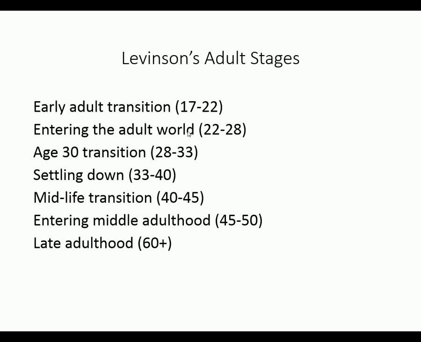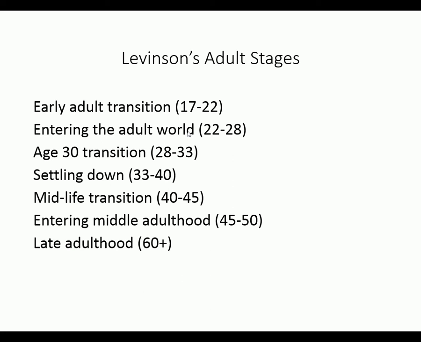And they're going to begin to try on adult roles and assume adult identities. And that will transition them into entering the adult world at 22 to 28 years of age. This is where they're going to start making choices about love and occupation, friends, and their values. Okay?